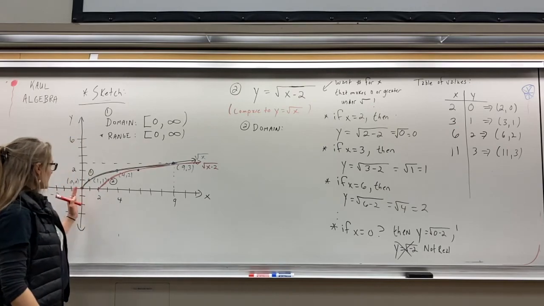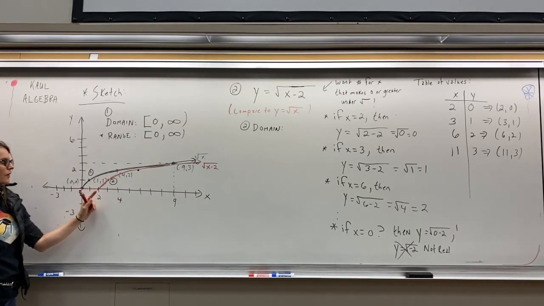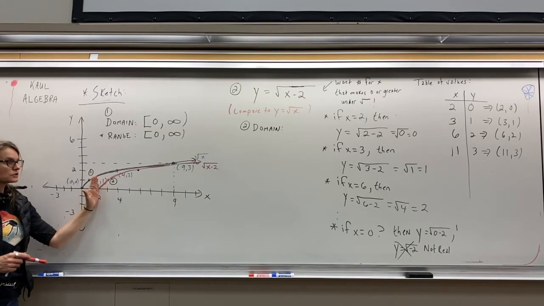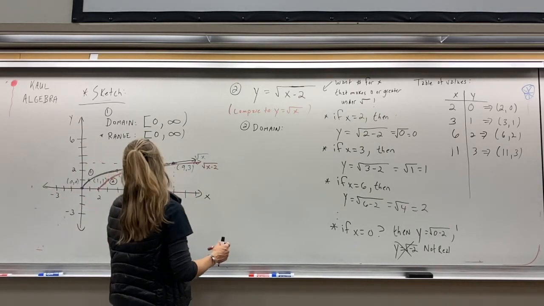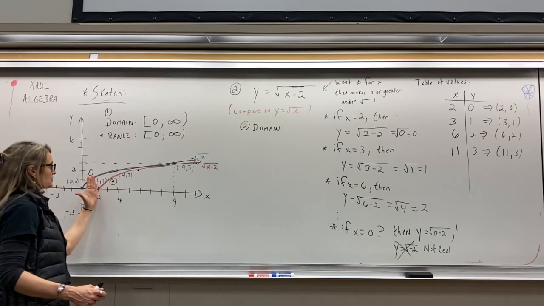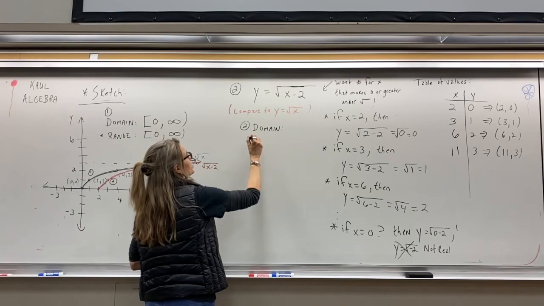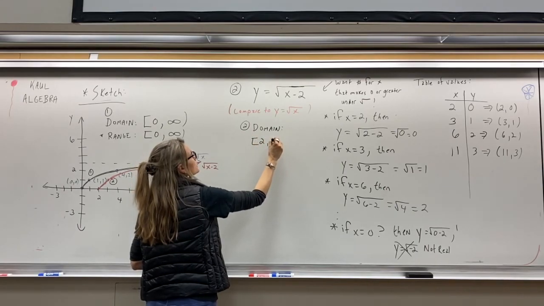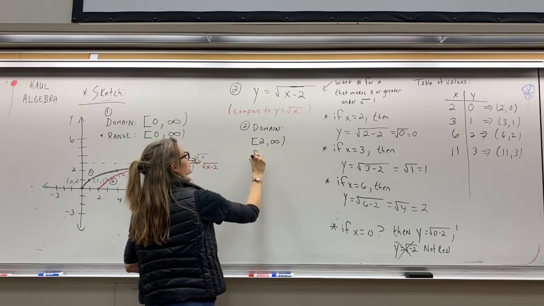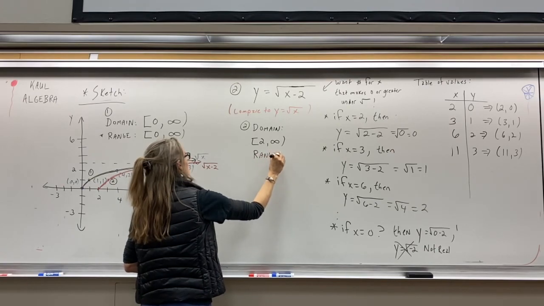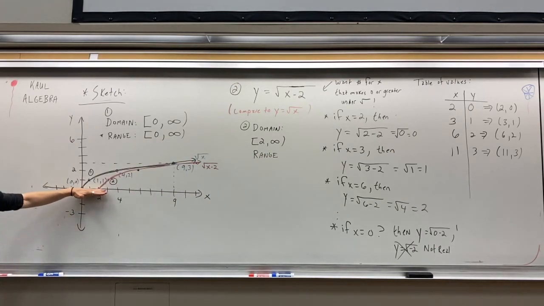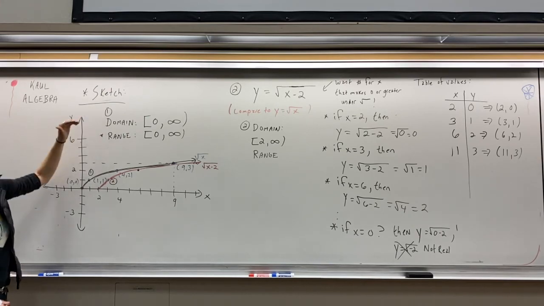Our domain in this case, everything moved over 2 units, so all the possible x values for this new graph are just including 2 to infinity. The graph lives with respect to the x-axis from 2 to infinity. So we'll say the domain is from 2 to infinity, and my range is again from 0 to infinity.